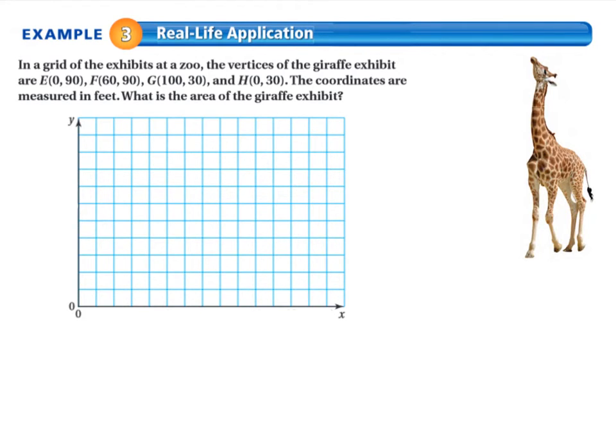So each of these blue lines I'm going to make equal 10. So I'm going to start off by labeling this. Notice I'm not labeling between these blue lines. Each of these blue lines equals a number.